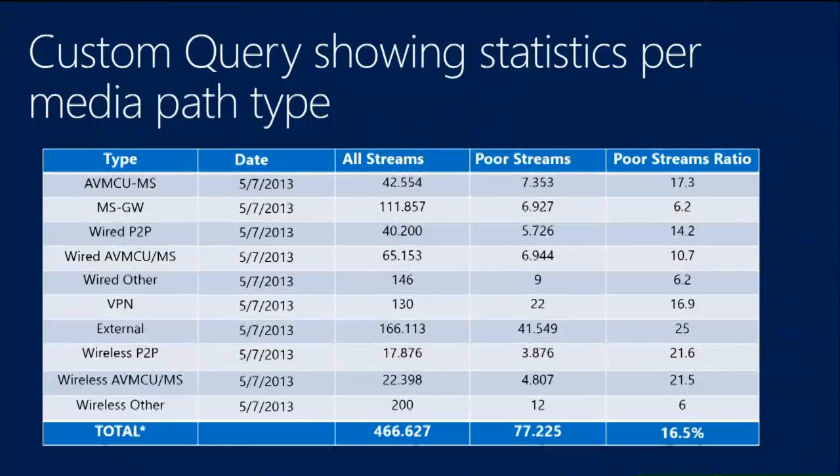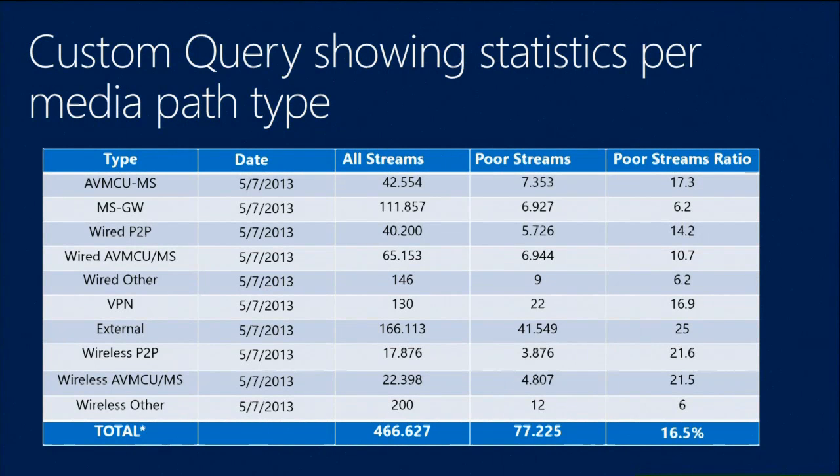If you recall back to the first diagram I showed with the different media paths, I have created some custom queries which use those media paths. And by media path, they will just report the total number of audio streams using that path on a given day, and how many of those streams were poor.